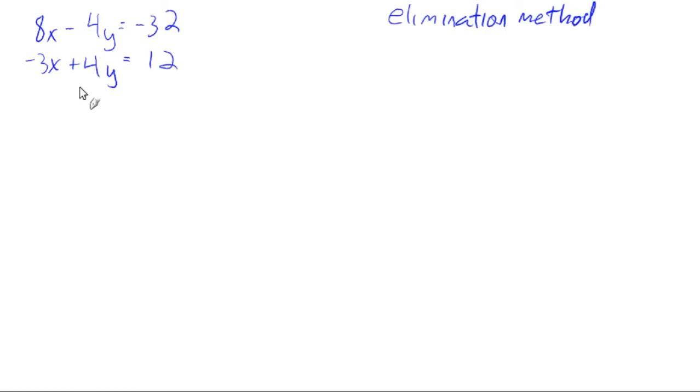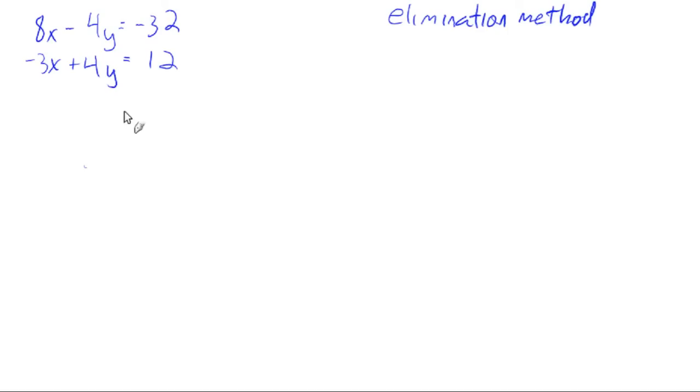That's really the point of any of these algebraic methods, is to somehow make one of the variables obsolete, so that one variable is left, and it's easy to solve for one variable. We've been doing it for a long time. So the elimination method, as opposed to the substitution method, you'll see why it's called elimination, because we're going to get two of them to cancel each other out.